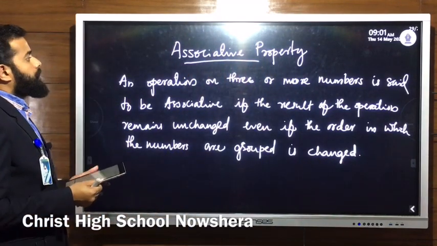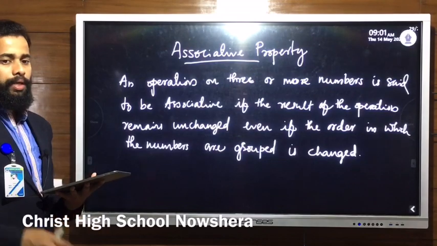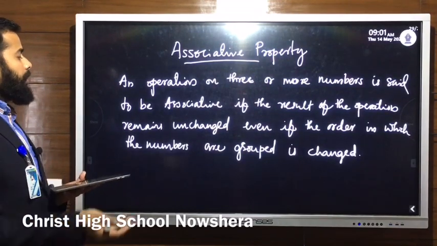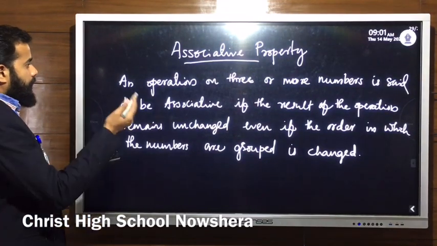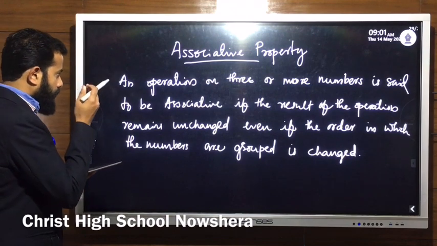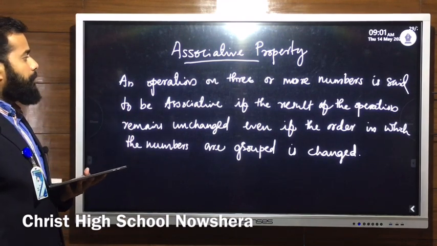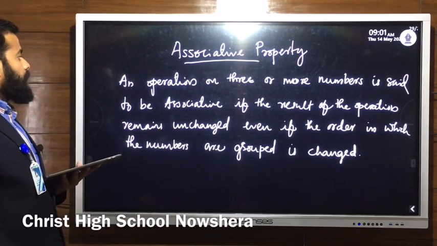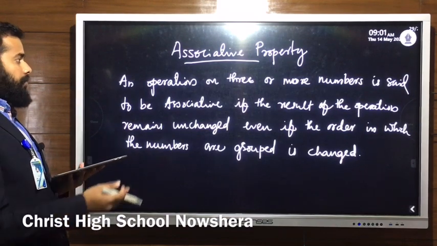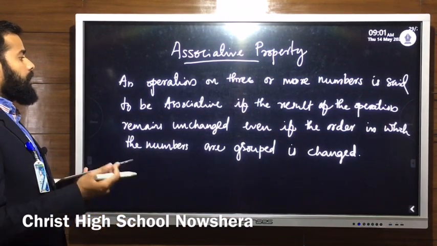That is, in an operation on 3 or more numbers we are choosing, if it is holding the associative property, then the result of the operation remains unchanged even if the order in which the numbers are grouped is changed.